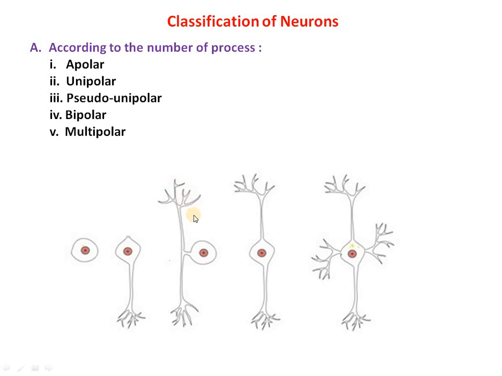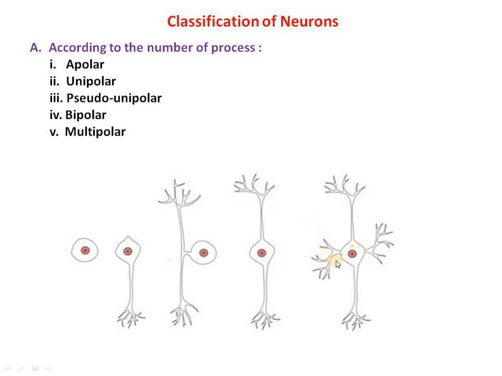There are some neuronal cells which look like bipolar cells, but basically they are unipolar cells. That's why they are called pseudo-unipolar cells, because their single process has bifurcated and it looks like a bipolar cell, but it is a unipolar cell. In a bipolar cell, there is a single dendron and a single axon.